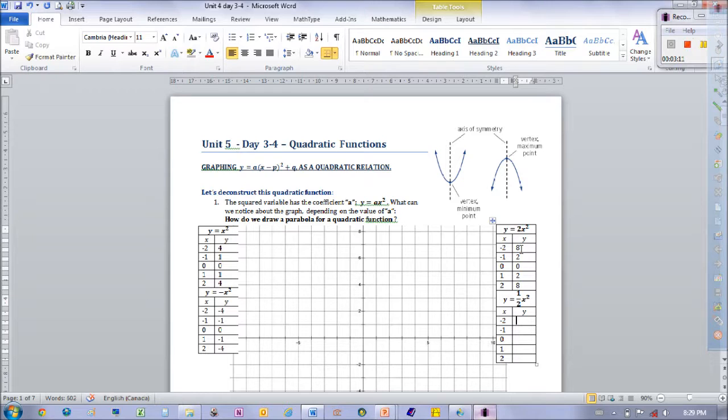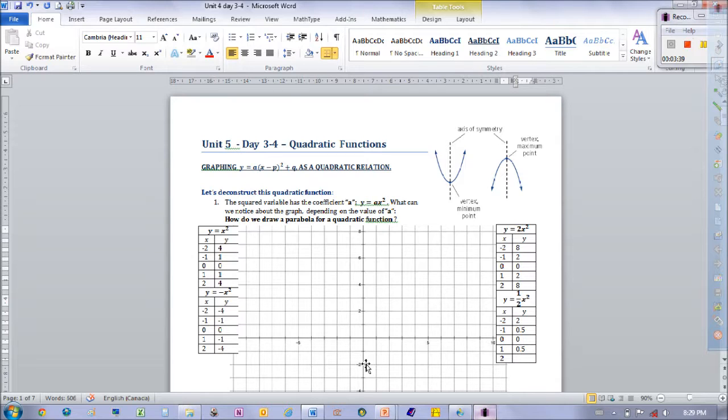And then for y equals 1 over 2x squared, I'm pretty much cutting in half those y values when I compare back to y equals x squared. So for negative 2, the y is 2. For negative 1, it's 0.5. For 0 is 0. For 1 is 0.5 again. And for 2 is 2.